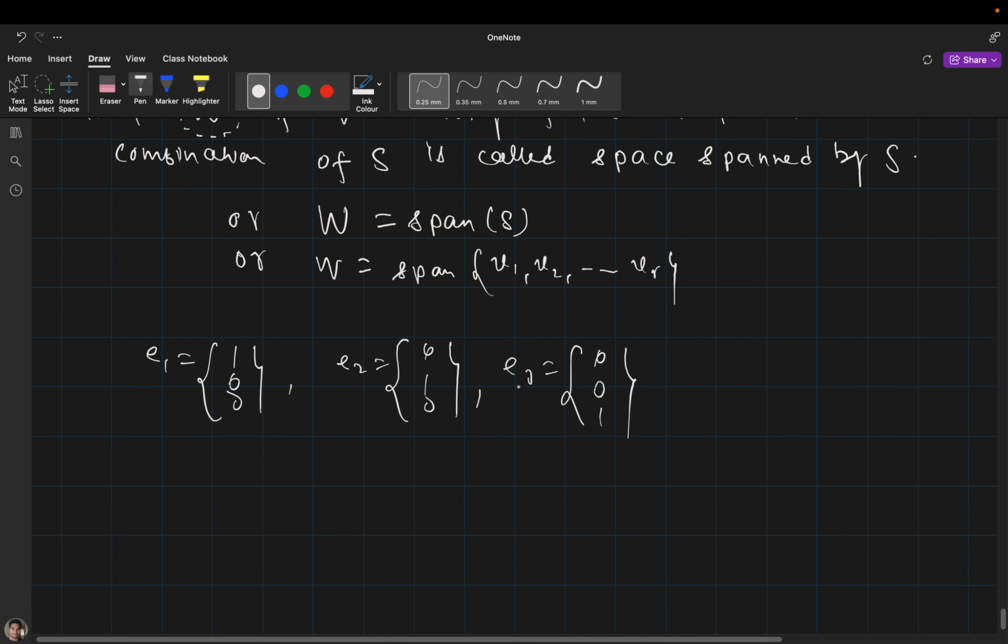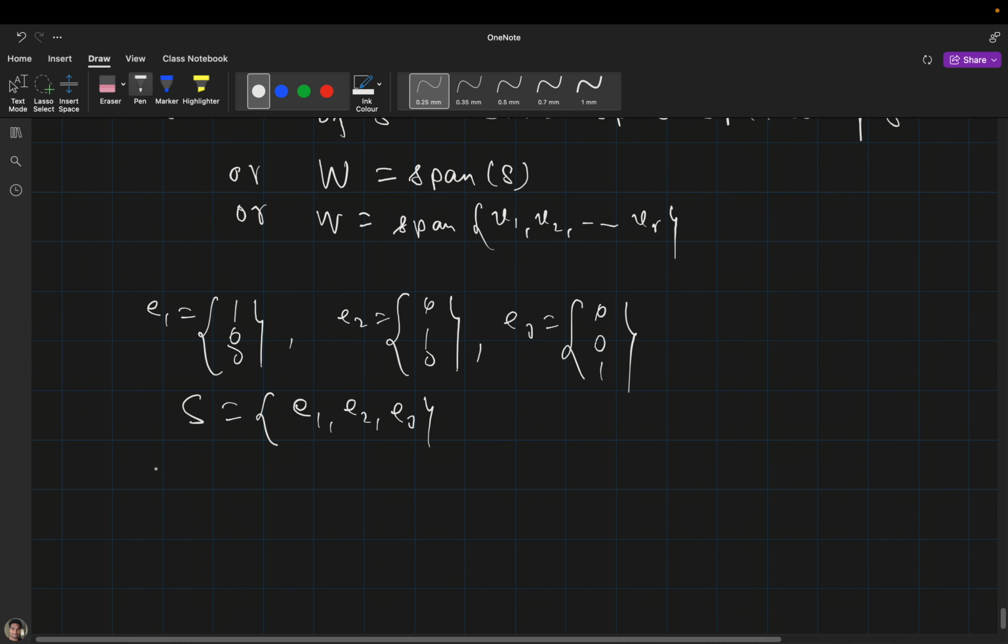If you take the span of these three vectors, which means that if S is like this, e1, e2, and e3, then what is the possible linear combination of W? That is called three-dimensional real space, right? If you take any kind of linear combination, that will be exactly equal to three-dimensional real space. Is it fine or not?